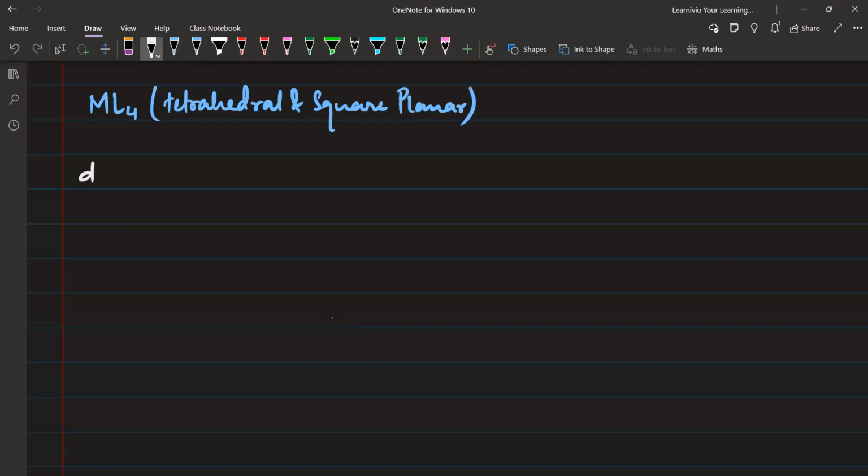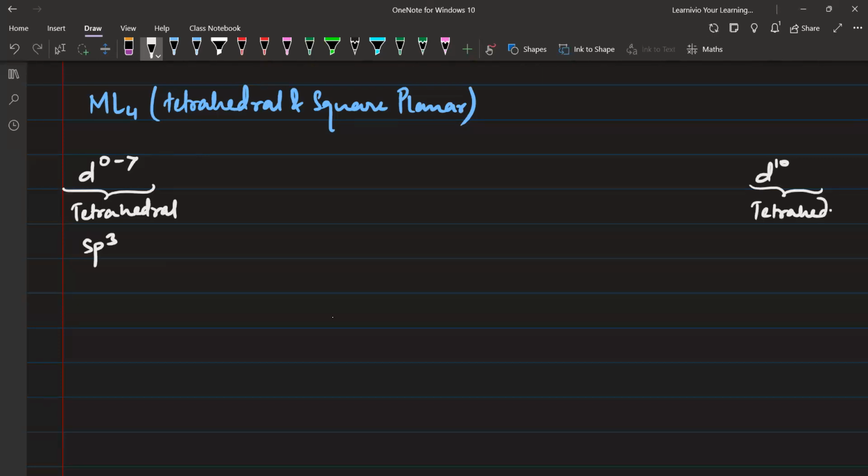If the d electron count is between 0 to 7, okay, then in this case we don't have to see anything else. This is always going to be tetrahedral, and the hybridization is going to be sp3. Same is the case if you're having D10 configuration. Even in D10 configuration, it's always going to be tetrahedral and sp3. The only case in which you have to see and analyze is the D8 and D9 case.